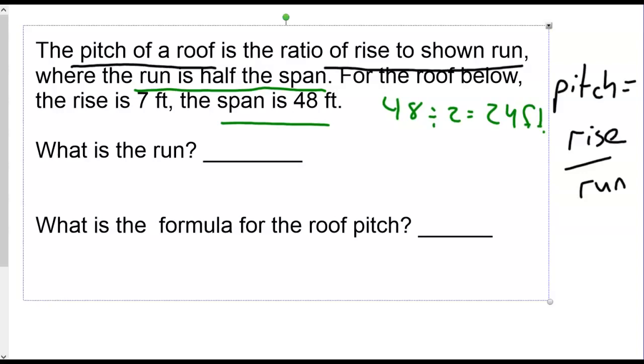All right, so that's going to be really important. And it also answers this first question, what is the run? Well, the run is 24 feet. And the formula for the roof pitch, as we saw over here, is rise over run. Okay, now that we know that, we've figured that out.